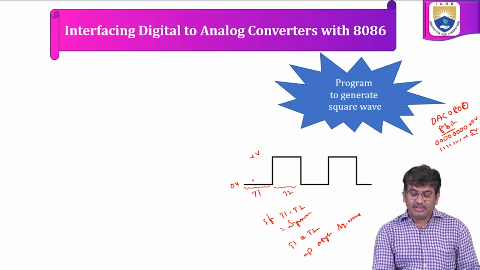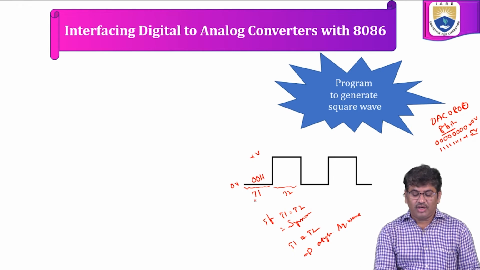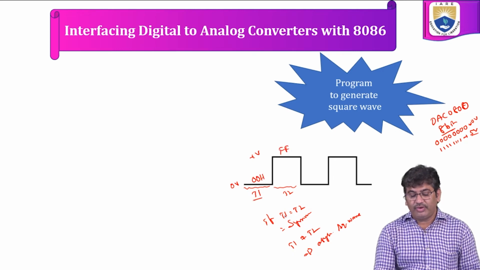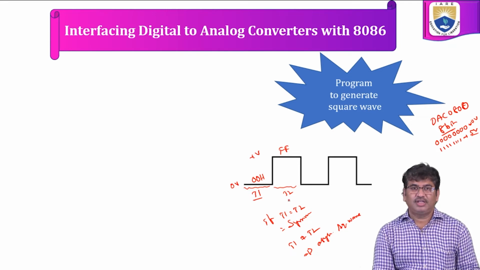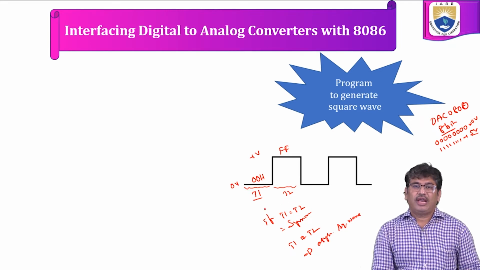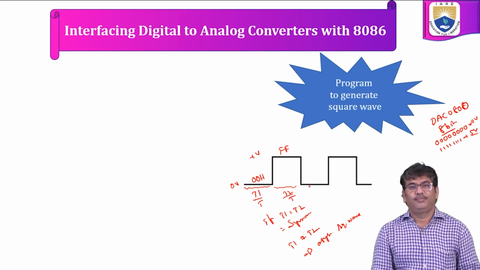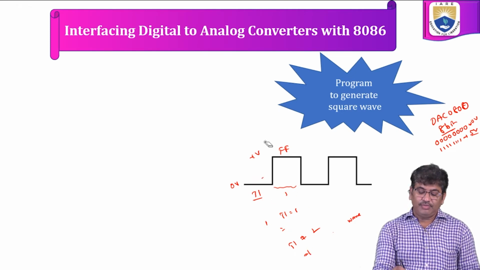So we will pass 00H for some duration T1 and FFH for some amount of time, that is T2. Here in this program, I want to take a symmetric waveform, so I'll take T1 equal to T and T2 also equal to T. So I'll generate a symmetric waveform.